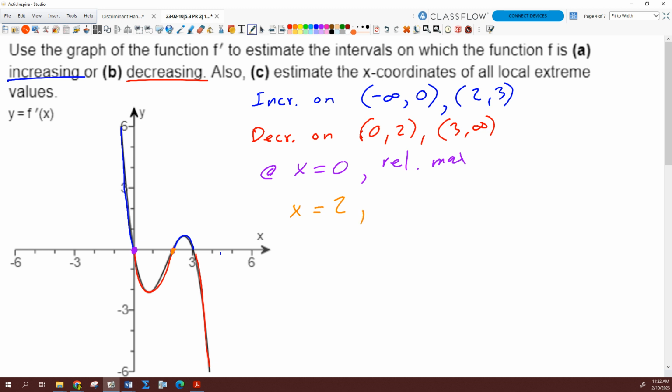We're going from decreasing to increasing. And also, what's going to happen at 3? Maximum. Okay, so we'll just add 0 and 3 as the places where we have relative maxima. Okay?